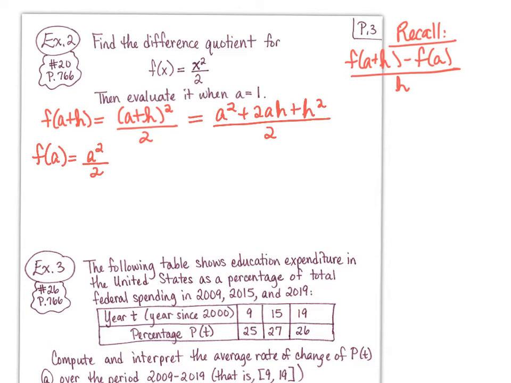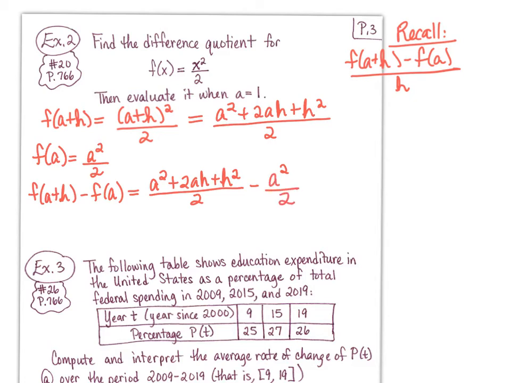Now we find f of a plus h minus f of a. So we take what we got for f of a plus h. That is a squared plus 2ah plus h squared, and we divide that by 2. Then we subtract f of a, which is a squared divided by 2.